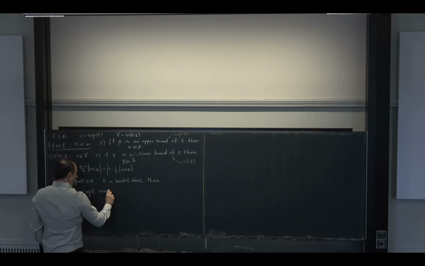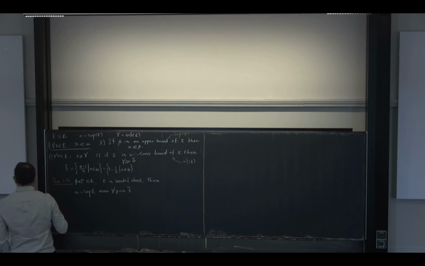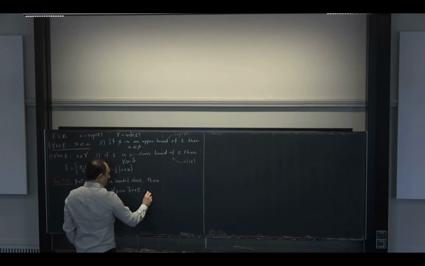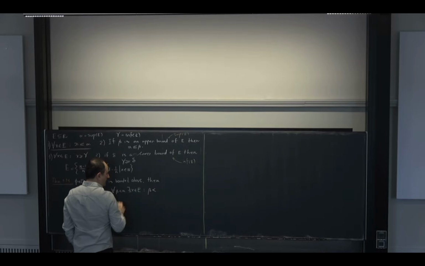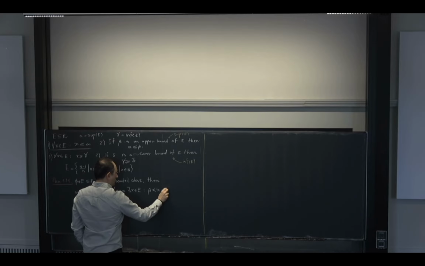For every beta less than alpha, there exists, what letter have I used, x in E such that beta is strictly less than x, which is less than or equal to alpha.